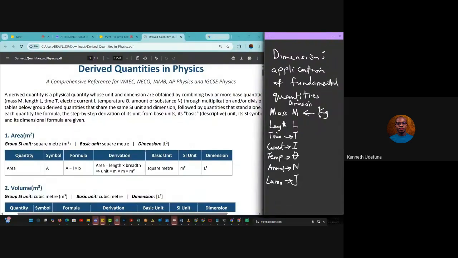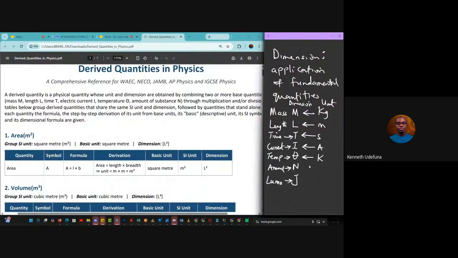Anything measured in kilogram, just take note of this, call it capital M. If you see the unit kilogram, the dimension becomes capital M. If you see meter as the unit, the dimension becomes capital L. If you see seconds, the dimension becomes capital T. If you see ampere, which is capital A, the dimension becomes I. If you see Kelvin, the dimension becomes theta.